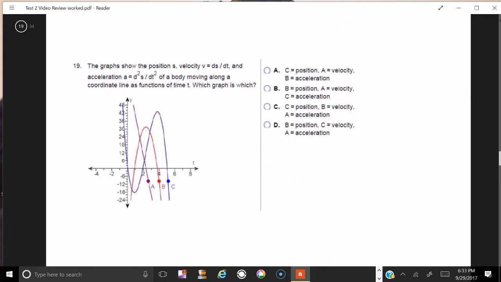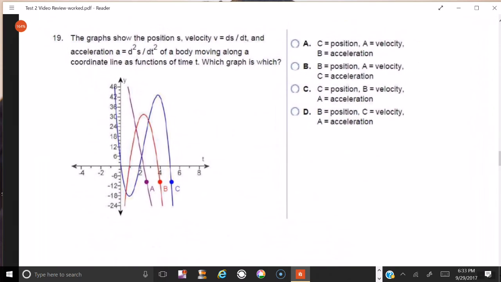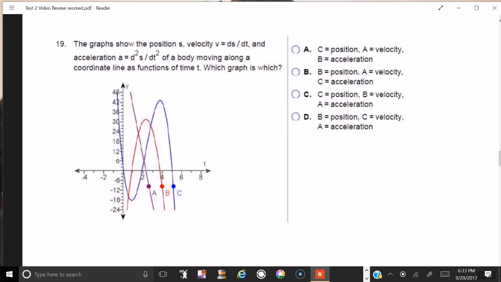Now here is a very interesting problem. There will probably be one similar to this on the test. This graphic shows the position, s, and velocity, which is the derivative of s, and the acceleration, which is its second derivative of s, or the first derivative of the velocity.